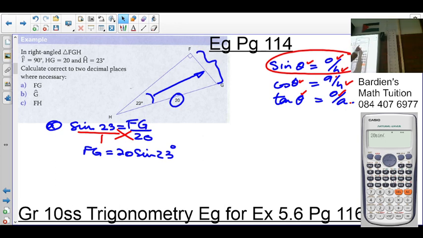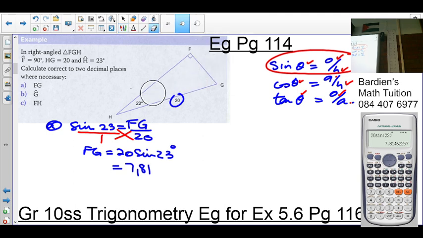Make sure there's a D on top there for degrees. So that gives an answer of 7,81. You all okay with that? Now write that on the diagram as well.